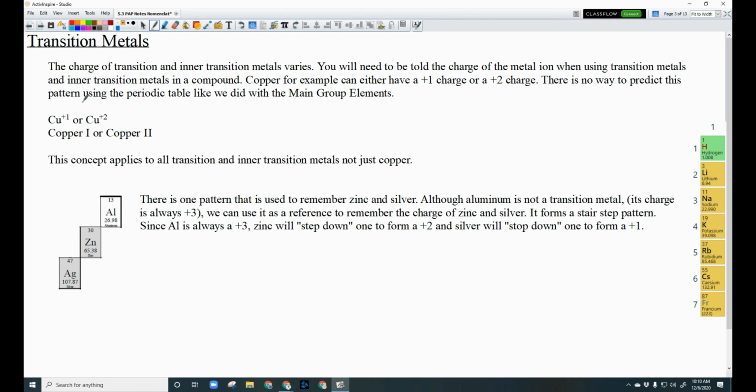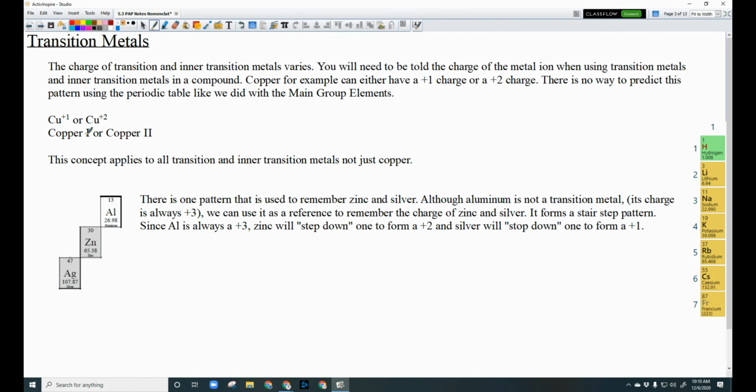Now this is the symbol. You're going to see an Arabic number here representing the charge, +1 or +2. Normally, if it's +1, you won't see the 1. It'll just be a plus sign. But for the purposes of teaching, I'm going to go ahead and put in a 1 here. Now, if it's written in words, like it's not the symbol but the word copper, it's going to have a Roman numeral.